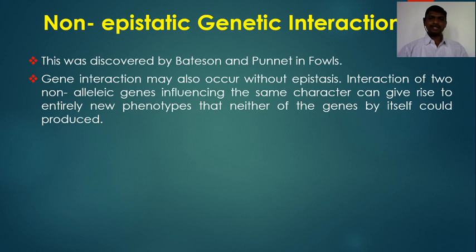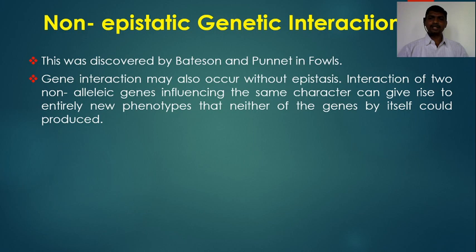Here there is interaction of two non-allelic genes. Non-allelic means these are different genes. The interaction of two different genes influencing the same phenotypic character can give rise to entirely new phenotypes that neither of the genes by itself could produce.